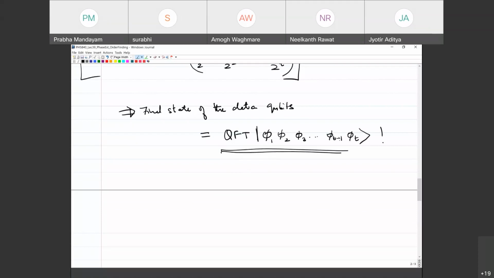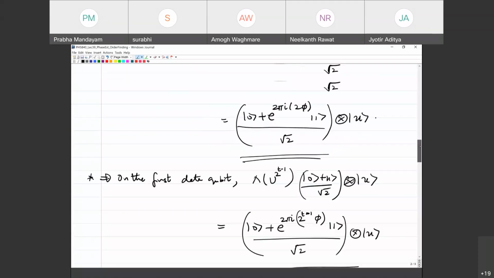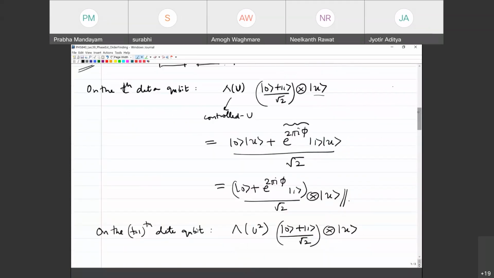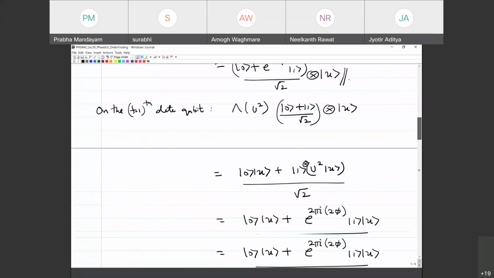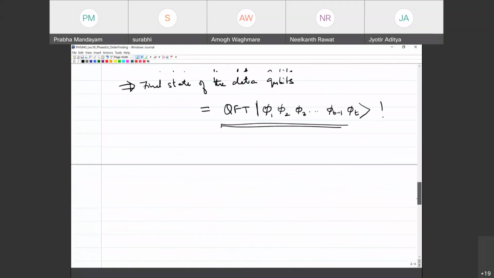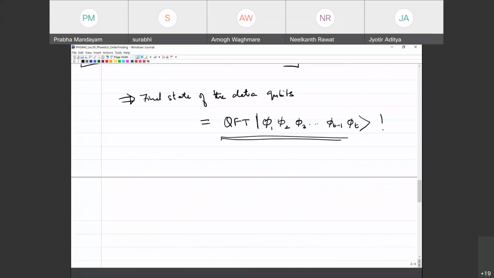So what I have ended up with at the end of this circuit is the Fourier transformed state corresponding to this state. But I actually want this state, right? Because this is the state which has information about the different φ_i's, about the binary representation of this phase φ.